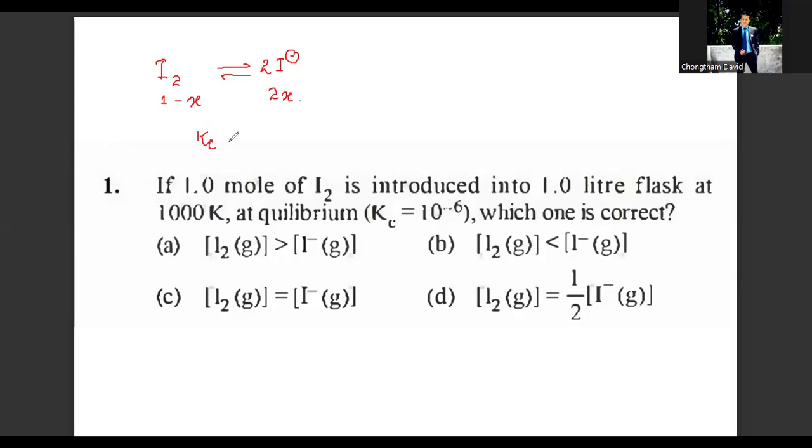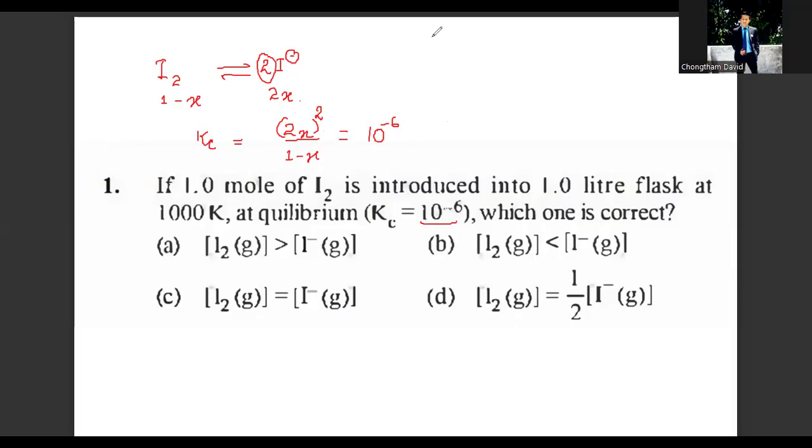Now the equilibrium constant can be found from the law of chemical equilibrium. By applying that law, we have this new relation, because the stoichiometric coefficient should be raised to the power, and the quotient is given as 10 to the power minus 6, the equilibrium constant.